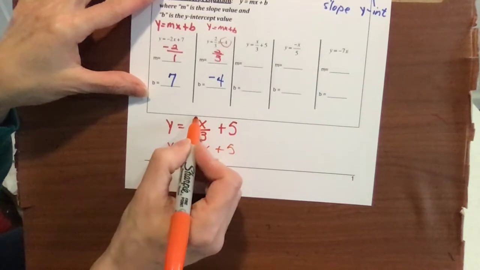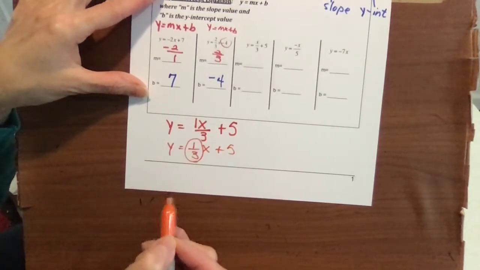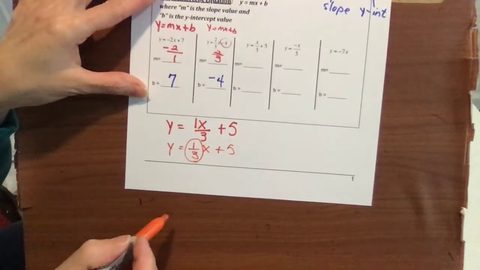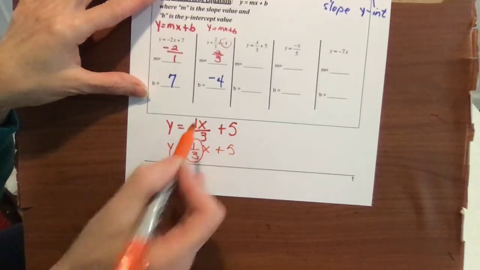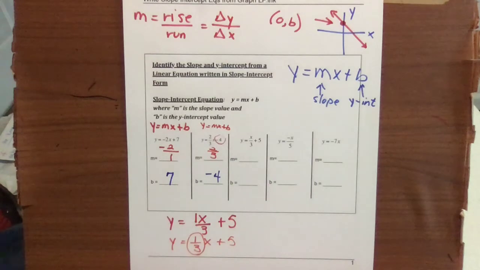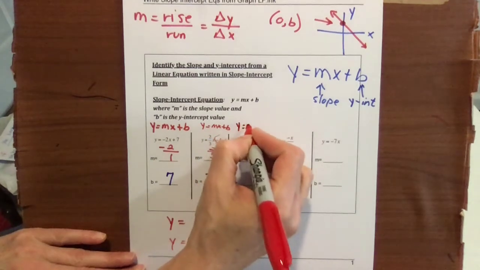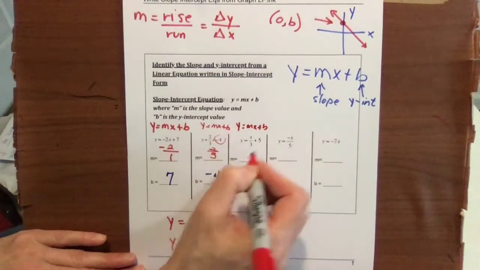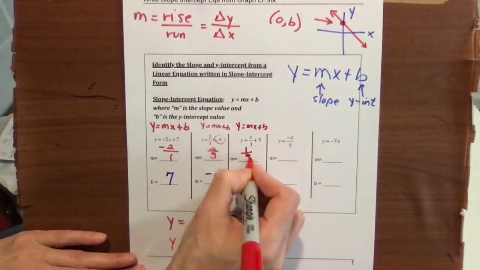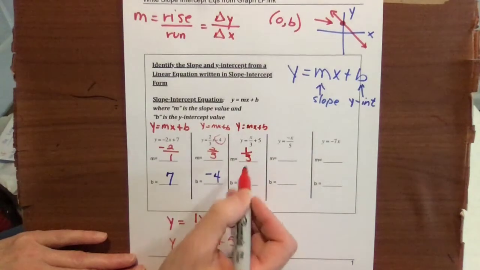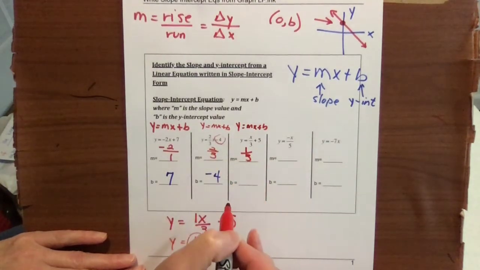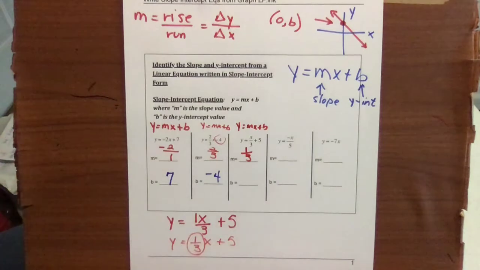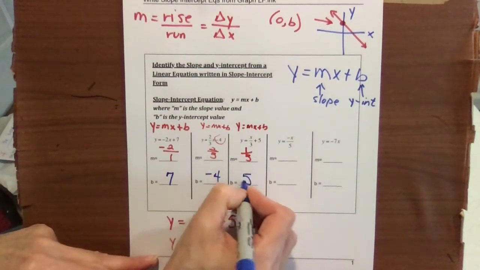So whenever you don't see a number, a coefficient for x in the numerator, then you would write 1, okay? So when we have a fraction, we'll pull that apart to the side there, and we have a slope of 1/3. So when we're doing y equals mx plus b, we have 1/3 for our slope. So we're rising 1, and we are running 3. And our y-intercept is plus 5, so b is 5.